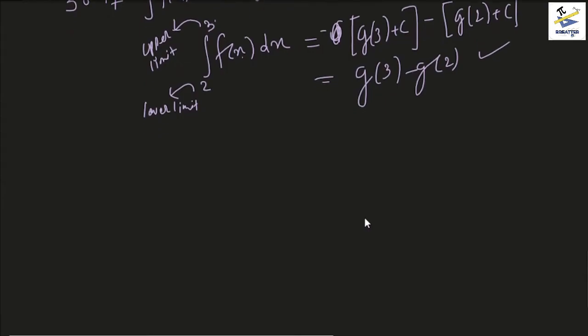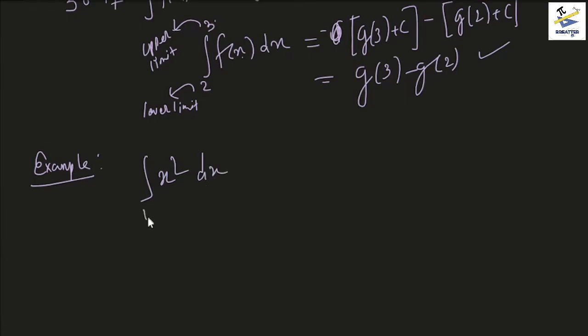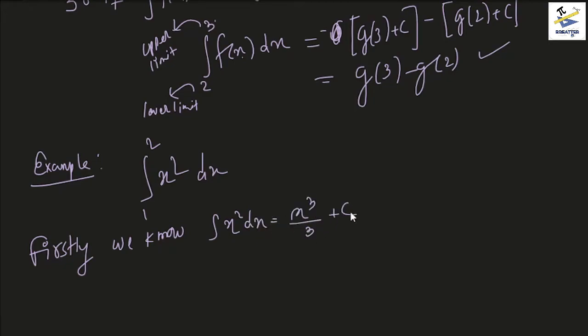Just to give an example, the integral of x squared dx from 1 to 2. Firstly, we know the integral of x squared dx is just equal to x cubed by 3 plus c, right?